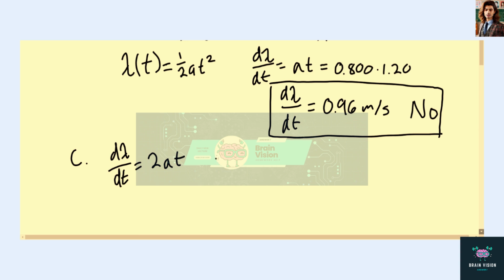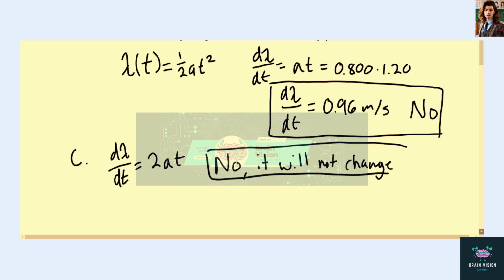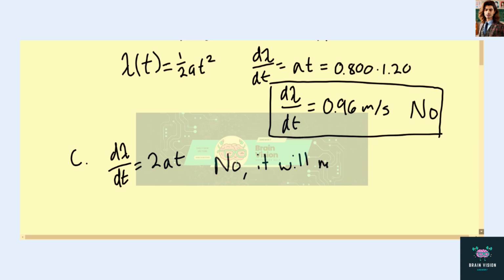So d lambda dt only depends on the acceleration and time, which means that it doesn't depend on mass, and so no, it will not change. The d lambda dt will be the same as it is in part A, even though we have the extra mass. So that's our answer for part C.